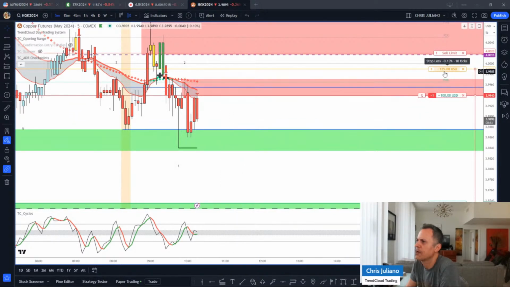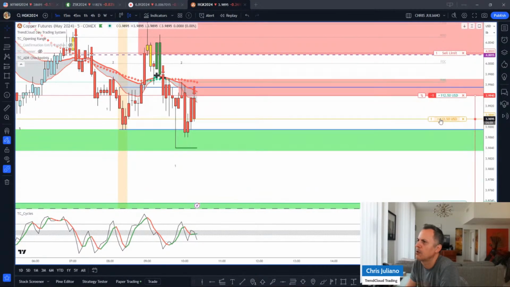I would move the stop loss down to 1-to-1 then. Yeah, I want to break through all of this and then move my stop loss to 1-to-1. That's what I want to do.